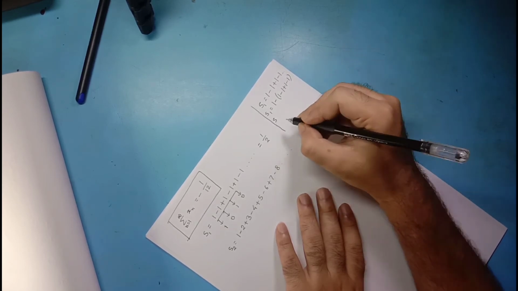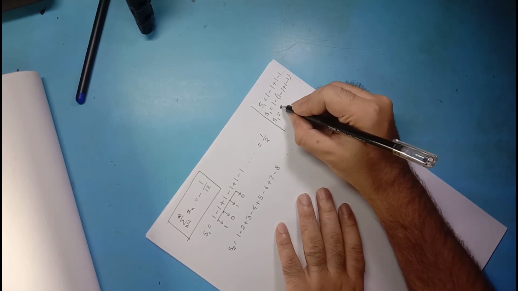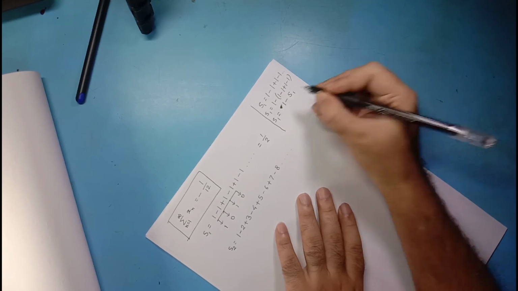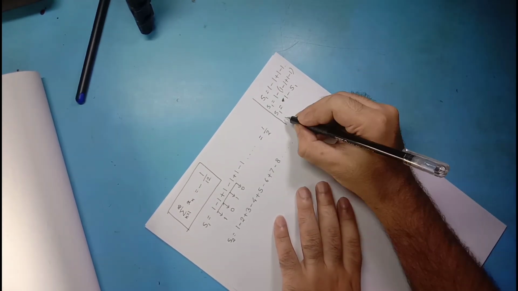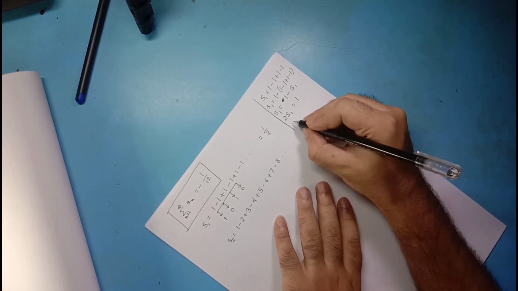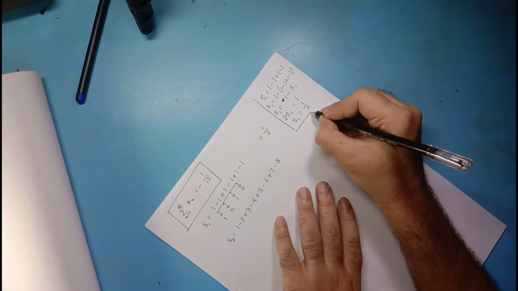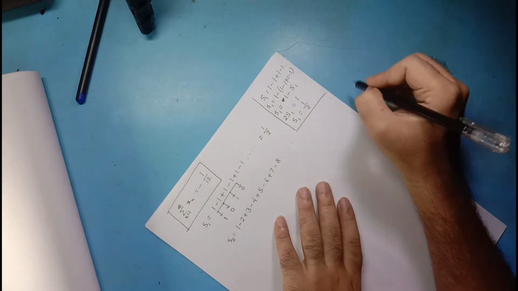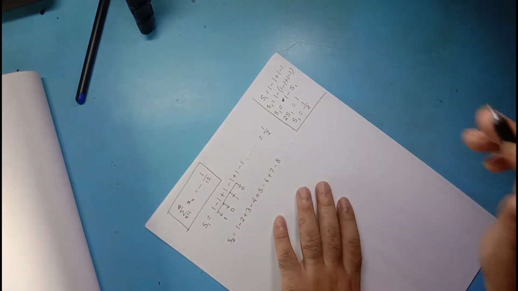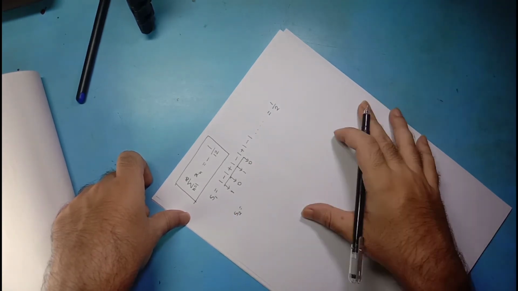So what you will do here, it's simply S1 equals 1 minus S1, right? So simply 2S1 equals 1, or S1 equals half. So you can get the summation result from here and there. The second step is very important, just because it's derived from the first summation.